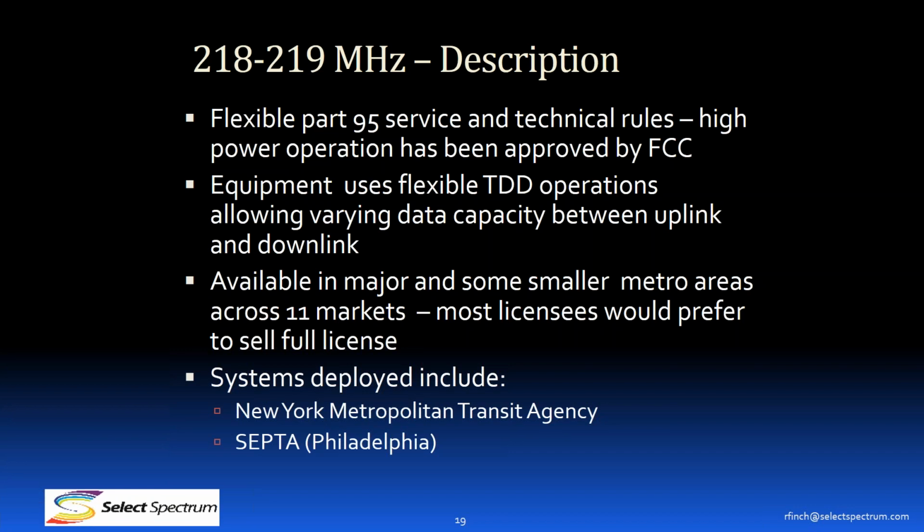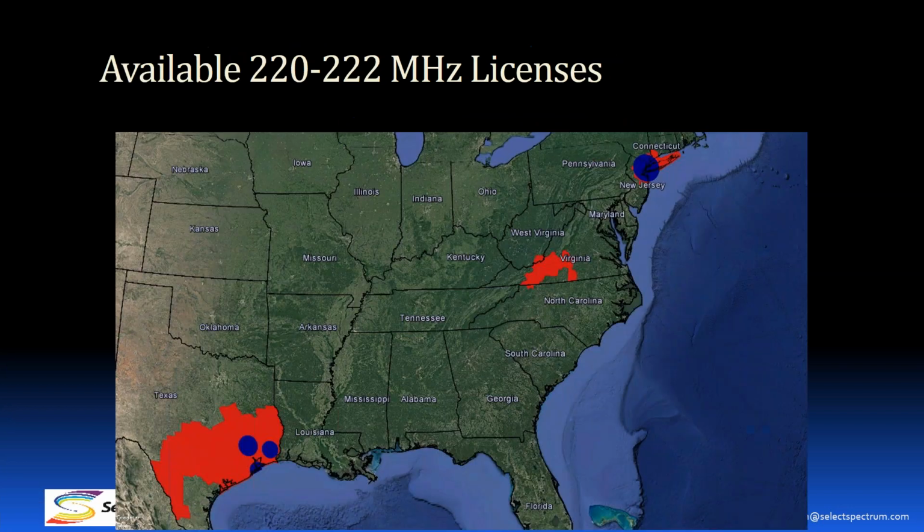And you saw the markets that we're offering. Others have been sold. This is being used by the subway systems in New York and in Philadelphia, for example, to manage their train systems. So similar, I think it is actually the same positive train control application. And then the last service that I'd like to describe is shown on the next page.